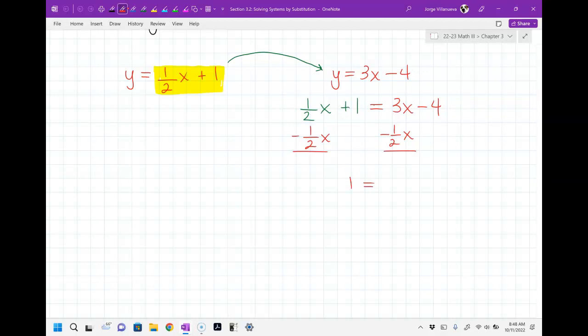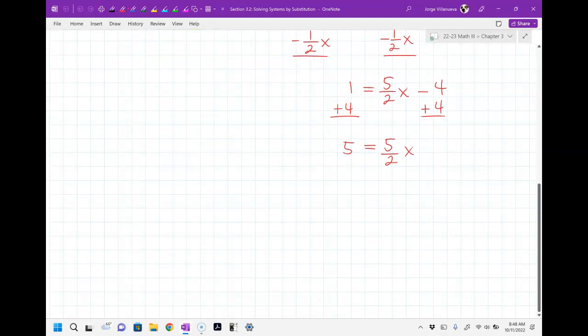If you got $3 and you take away 50 cents, you have $2.50, right? 2.5, or 5 over 2 x minus 4. Again, a calculator will give you that same answer, okay, 5 over 2. Now add 4 to both sides. So you get 5 equals 5 over 2 x.